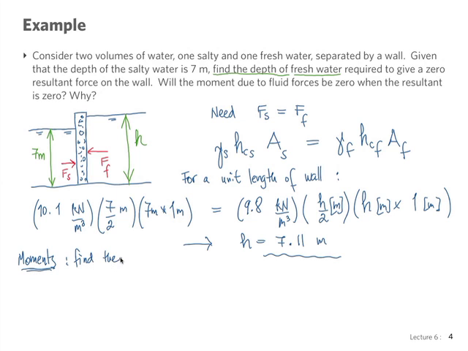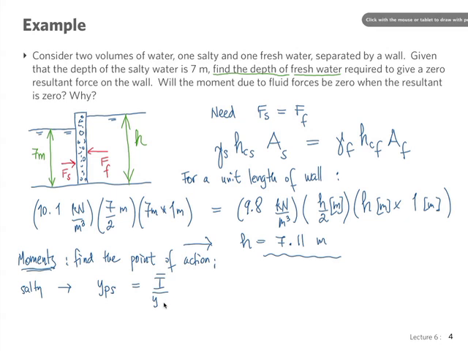First, we're going to find the point of action. For the salty side, we find y, the point of action, so let's call it yp for center of pressure, s for salty side, and that's equal to I of the rectangle divided by yc for the salty side times the area of the salty side, plus yc.